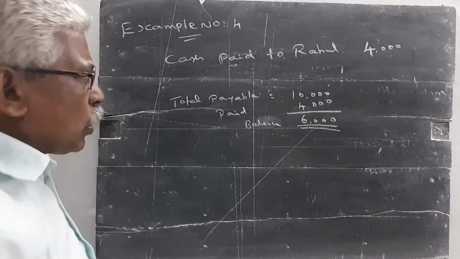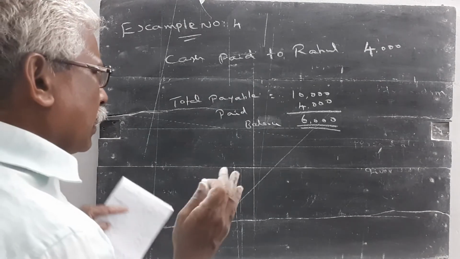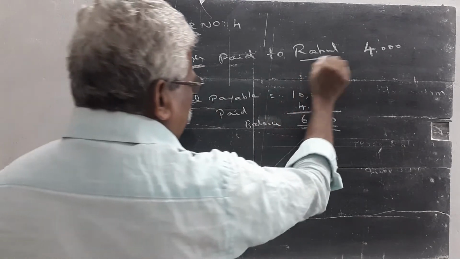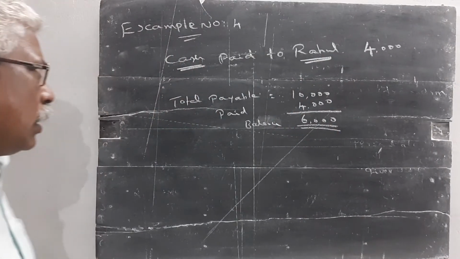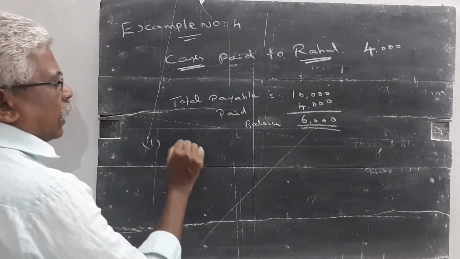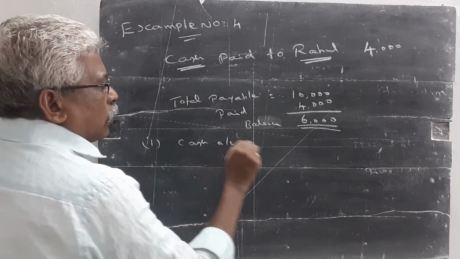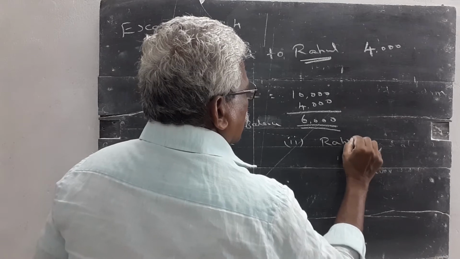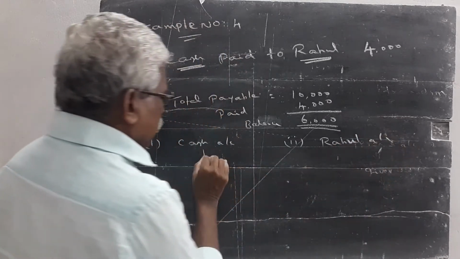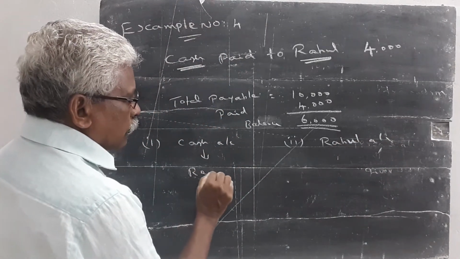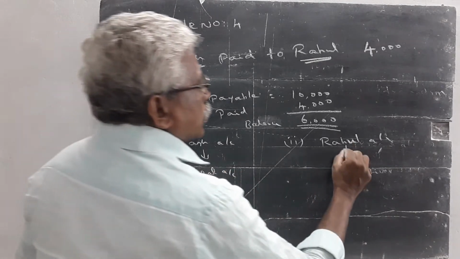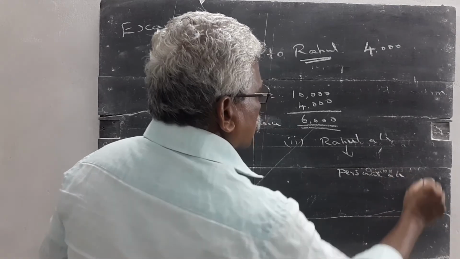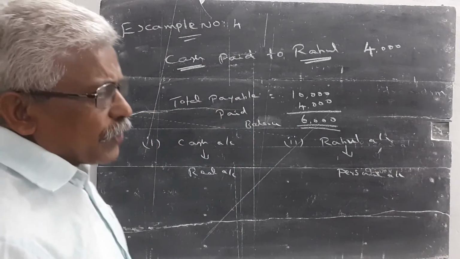Then what are the two accounts? It is directly given in the question. Number 1 is cash account, number 2 is Rahul account. Cash is the real account. Rahul is the personal account. What is the rule of a real account?